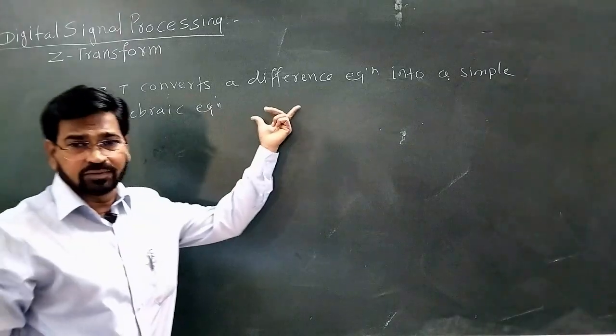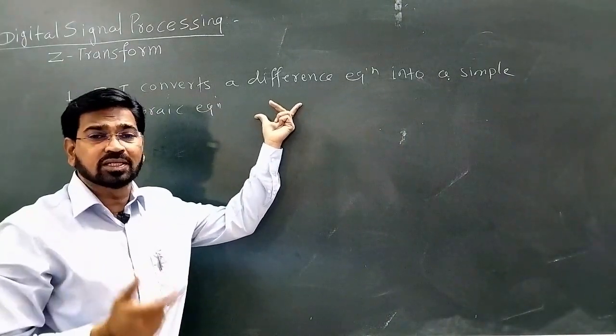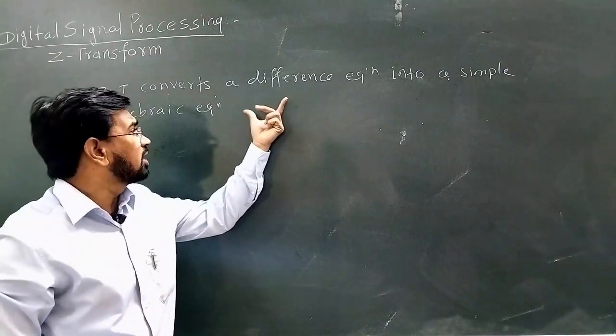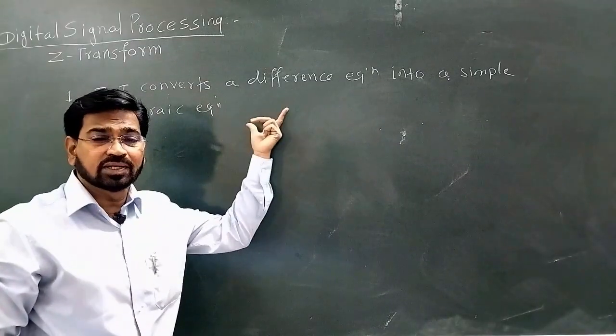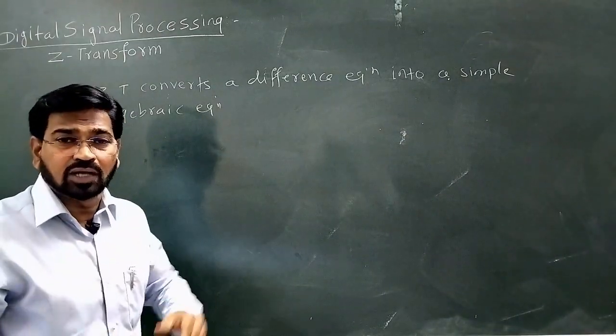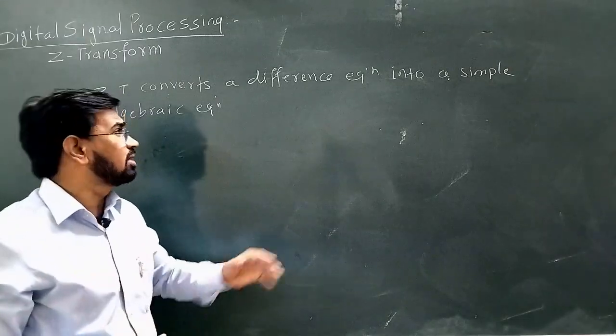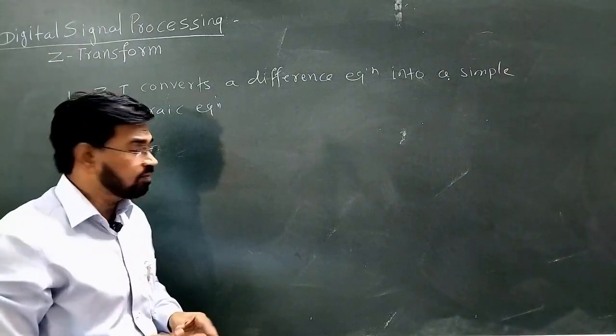Difference equations describe discrete time systems, and by using Z transform we can convert them into simple algebraic equations, which are quite easier to analyze and solve as compared to difference equations.